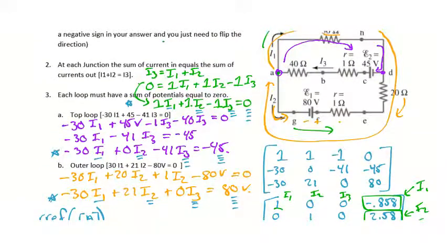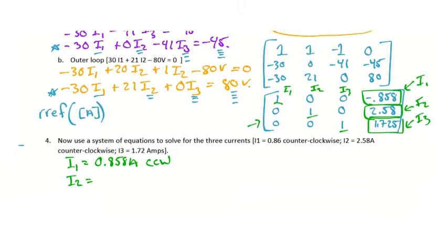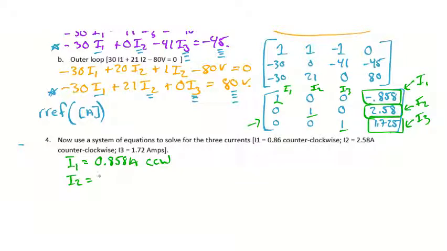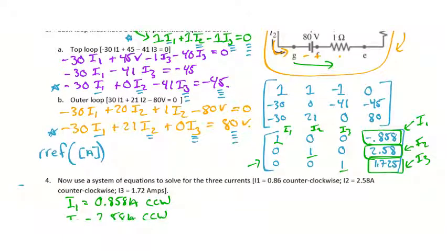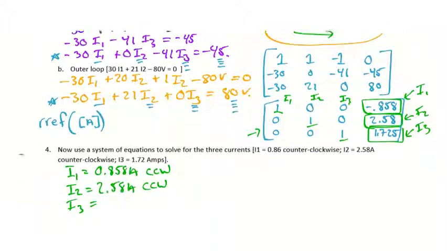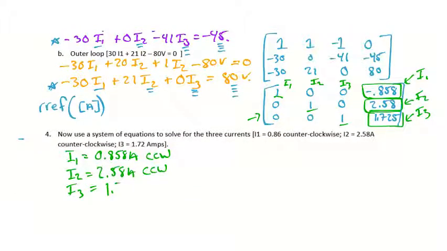Okay. For current number 2, we got a positive number, which means it matches the way the picture was drawn. And current number 2 was drawn counterclockwise, so that is in fact correct. So we're going to write that 2.58 amps, and that is counterclockwise. And then current 3, in this case, it's just moving to the left. It was positive, so we will put 1.725 amps, and I'm just going to put to the left.